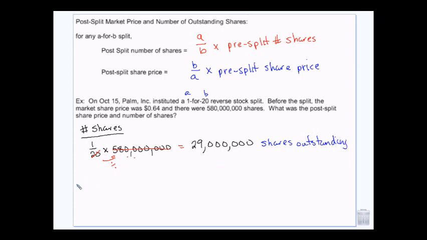Okay, and then for my new per share price, in this instance, I'm going to do B over A. So I do 20 over 1 times 64 cents. So now, instead of being 64 cents, they're $12.80 per share.